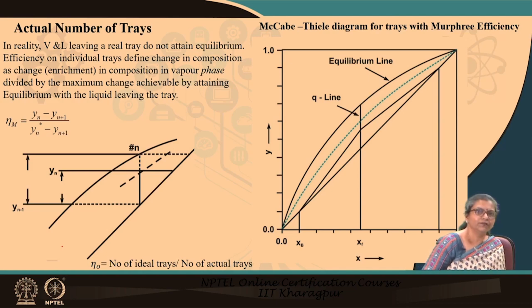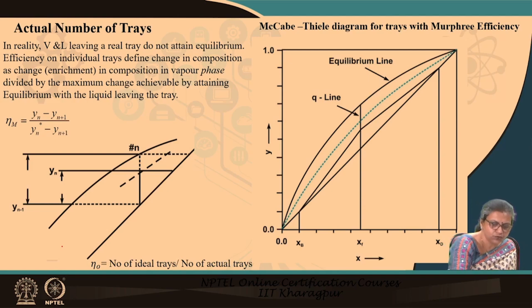Now, if you remember, we had already discussed that in reality the thing that we had assumed, that the mass transfer occurs such that the steps extend from the operating line to the equilibrium curve, does not happen in practice. In practice, we find that mostly the mass transfer is much less as compared to the mass transfer under this condition.